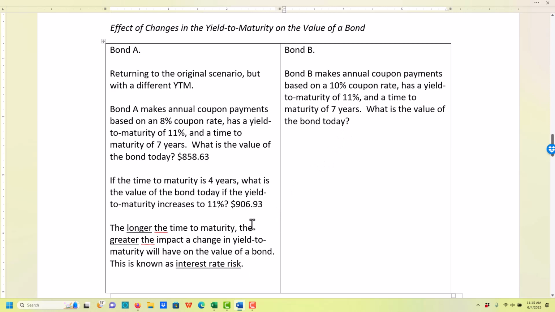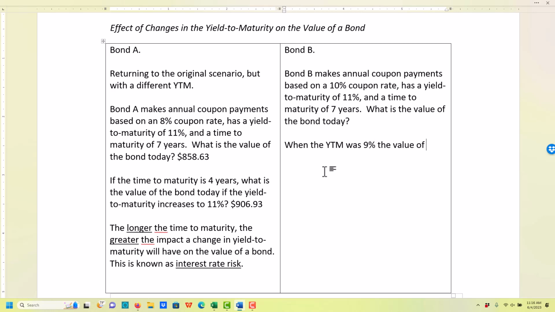So this is bond B, and all we've done here is we've taken that original scenario when the yield to maturity was 9%.